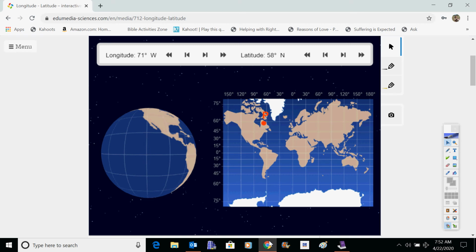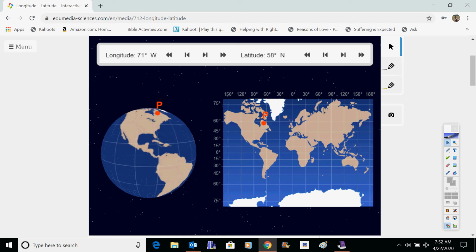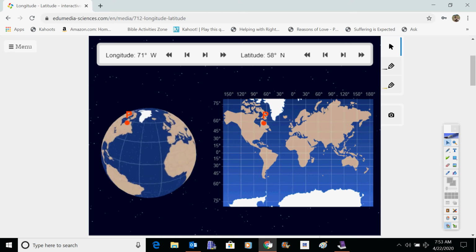Now if you'll notice on the longitude lines, it goes from 0 all the way to 180. 0 is a special place. Marvel fans might have a better handle on this one. At 0 degrees longitude and about 51.5 degrees north latitude, there's a place in England called Greenwich.